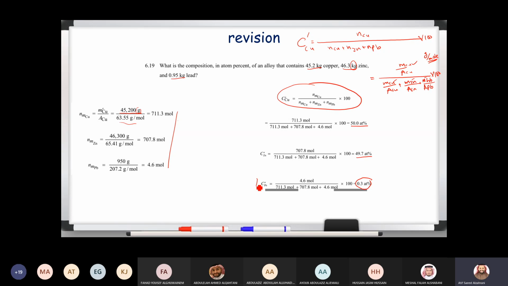Or we don't have to do this actually for lead. We can basically do 100 minus 50 minus 49.7. You will end up with the result of 0.3 atomic percent.